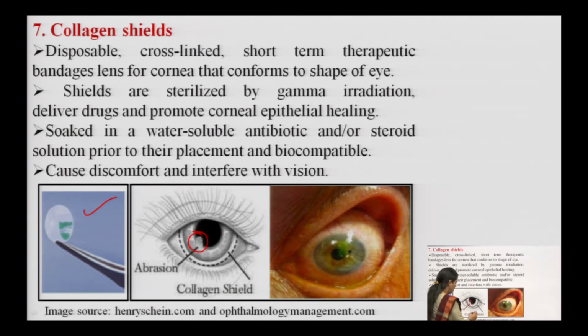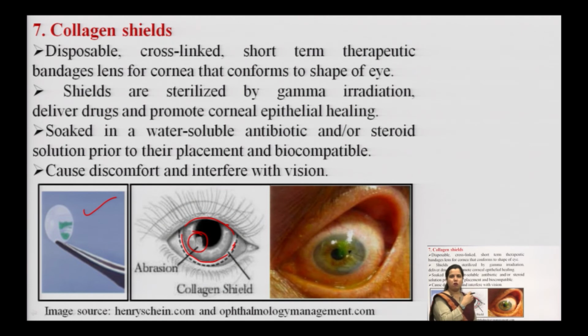Sorry, this is not the shield, this is abrasion and this is the shield applied on the eye. So, when this collagen shield is applied to the eye, some sort of abrasion on the eye surface can occur in patients.